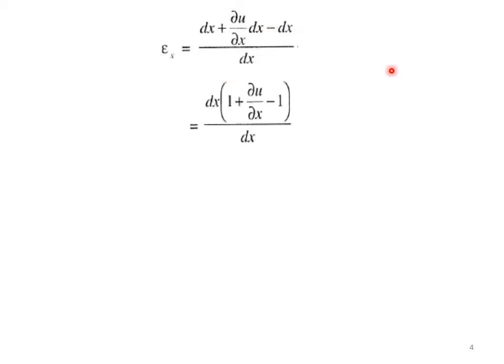Upon simplification, we get dx into 1 plus del u by del x minus 1, divided by dx. So the strain in the x direction, epsilon x is equal to del u by del x.